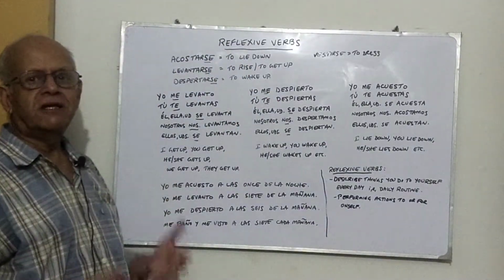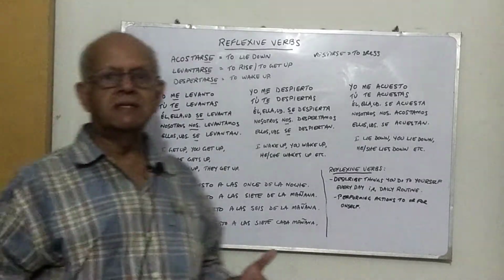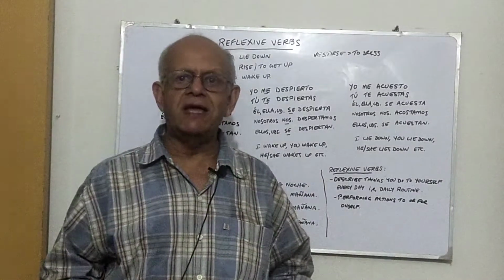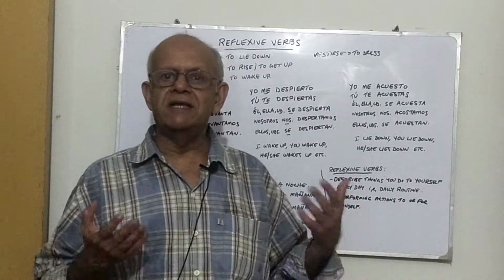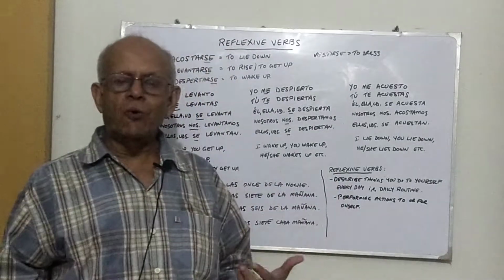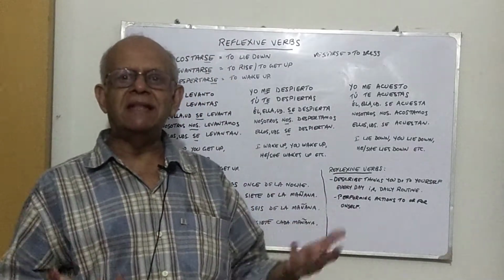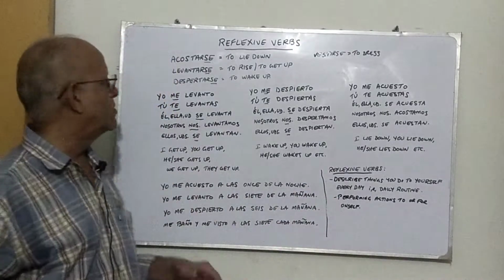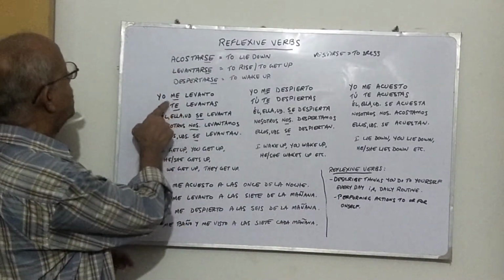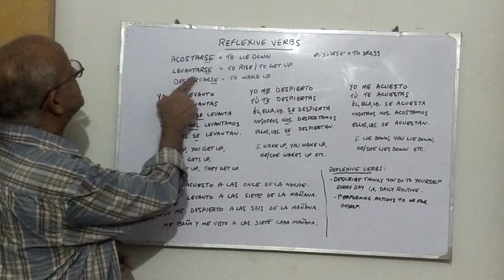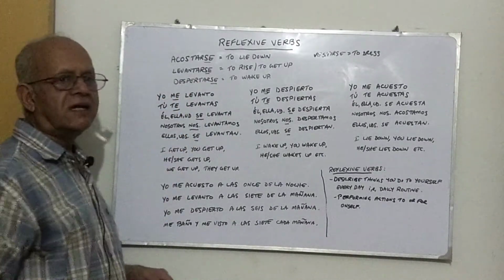How do we conjugate a reflexive verb? Reflexive verbs are conjugated in the same way as normal AR, ER and IR verbs. The only difference is that we add the me, te, se before the conjugation. For example, let us take levantarse. Levantarse is a regular verb.